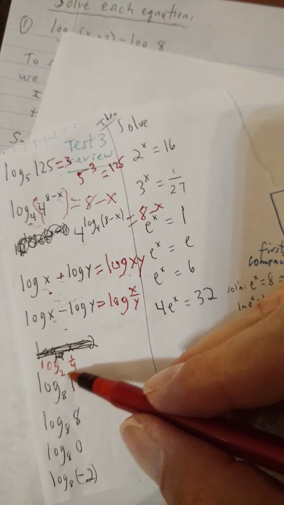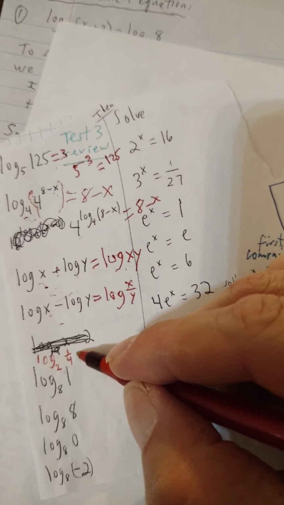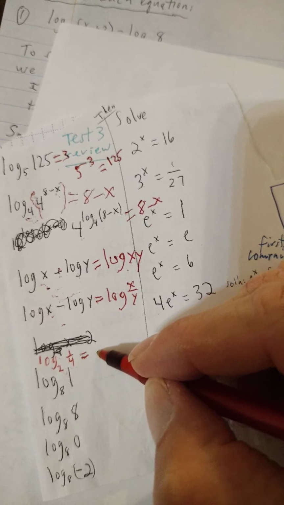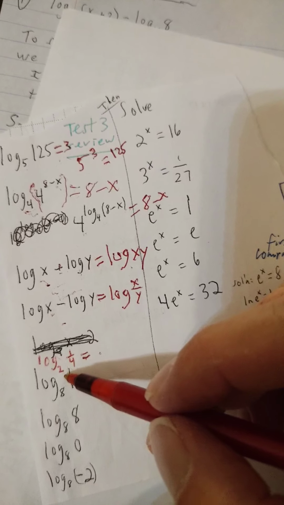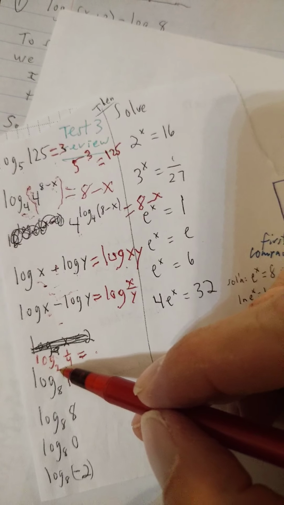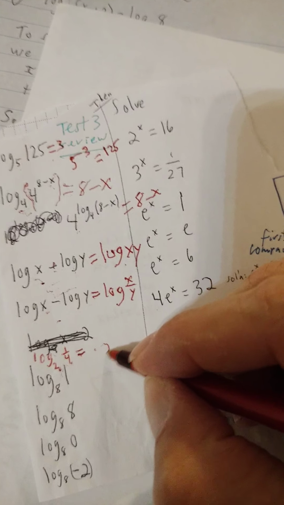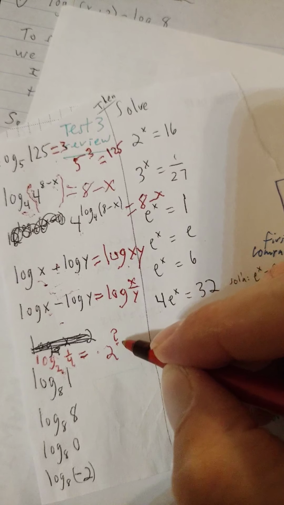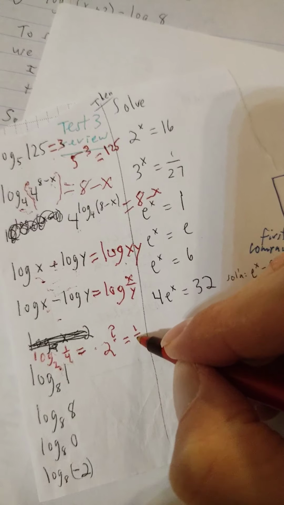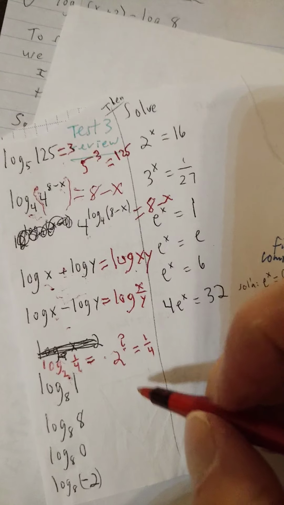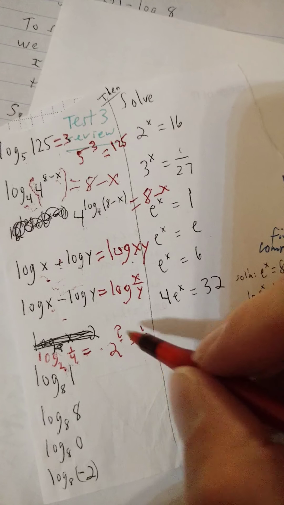This one, log base 2 of 1/4. What does that equal? Logs are equal to the exponent. Or you can think of it this way: logs are the power. You raise the base to get the argument. So 2 to the what power equals 1/4? That's what we're after here. Doesn't that look like it's going to be negative 2?